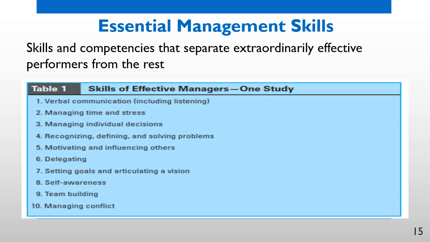So the first and the most important skill is communication skills. I stated earlier also that communication skills can be divided into two main broad categories as verbal communication and non-verbal communication.